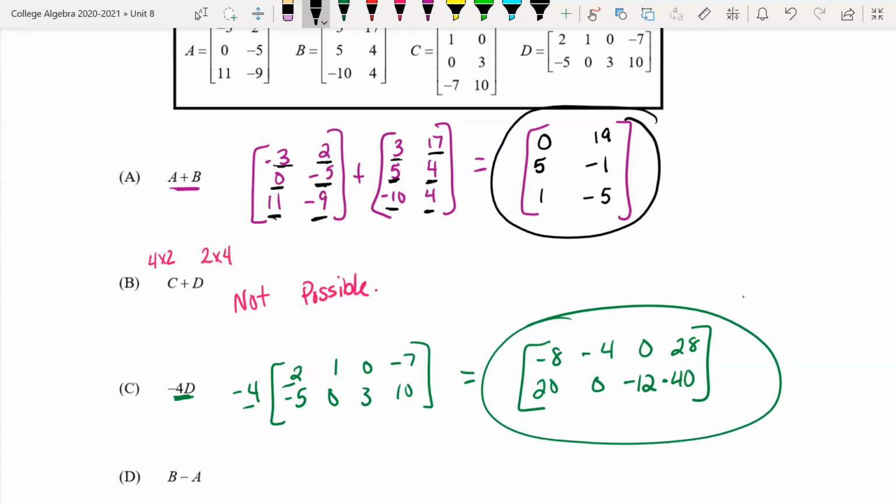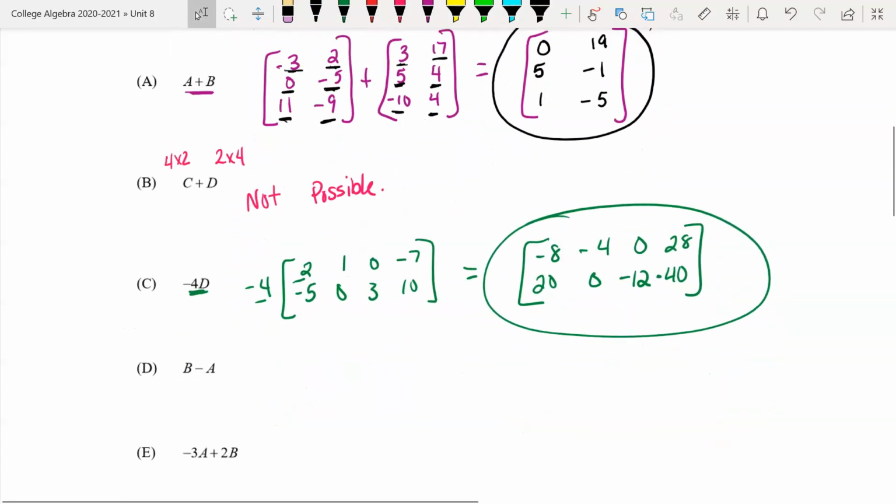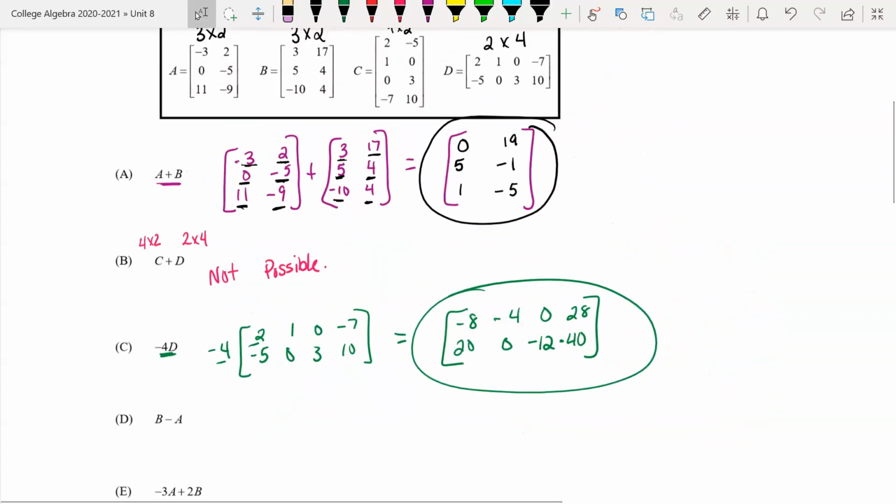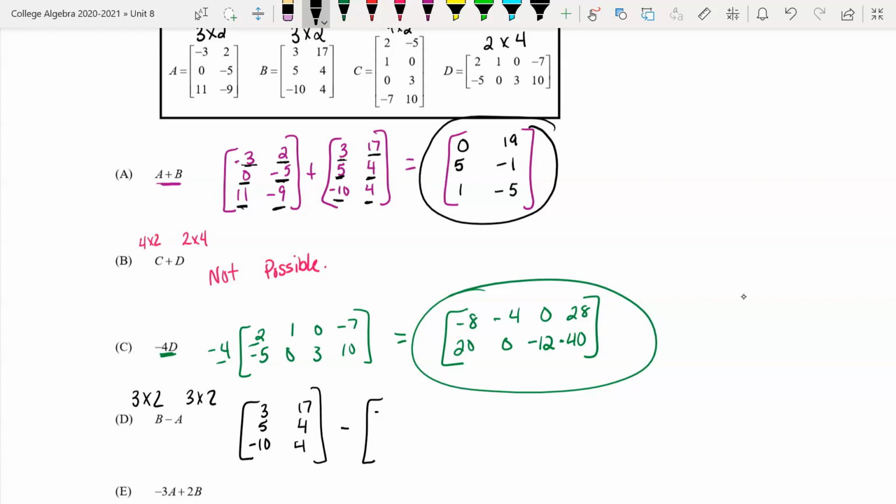All right. B minus A, again, have to be the same dimensions to do adding or subtracting. They're both 3 by 2s, and the order matters. It says B first, so I've got to write B first. So 3, 5, -10, 17, 4, and 4, minus -3, 0, 11, 2, -5, -9. On the subtraction one, you've really got to watch your signs.